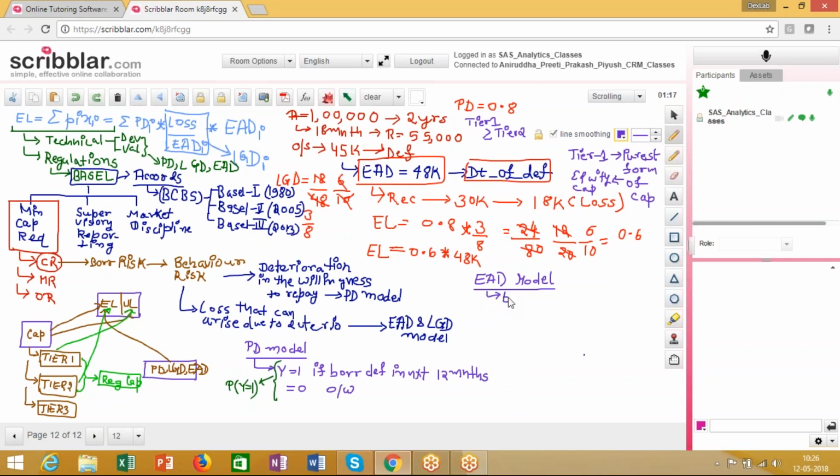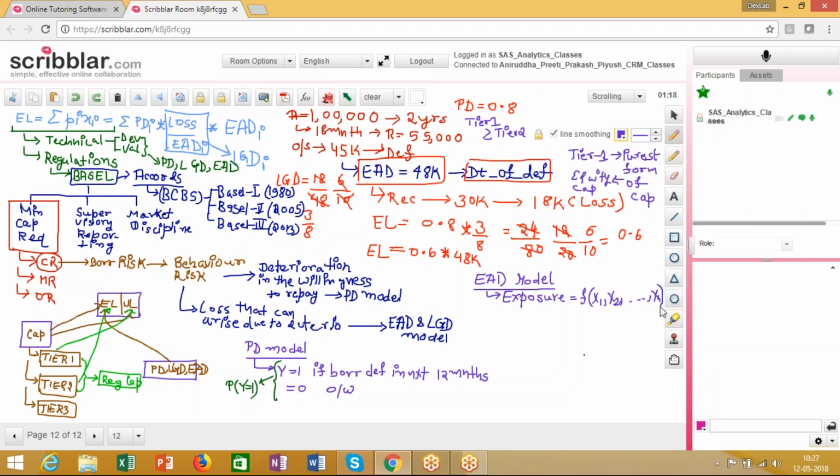So over here we talk about exposure, and it's a function of different variables, x1, x2, and so on.